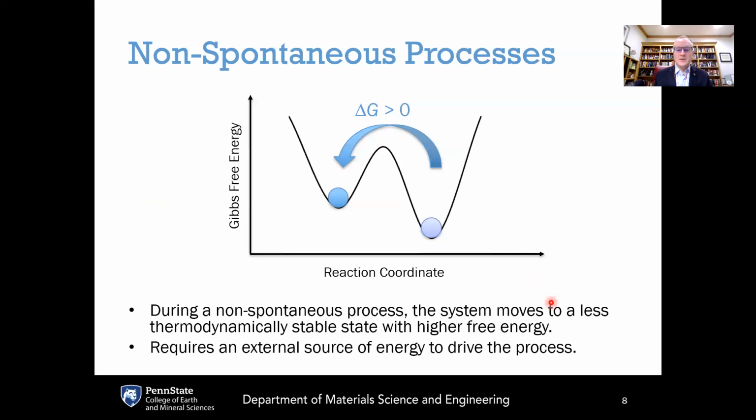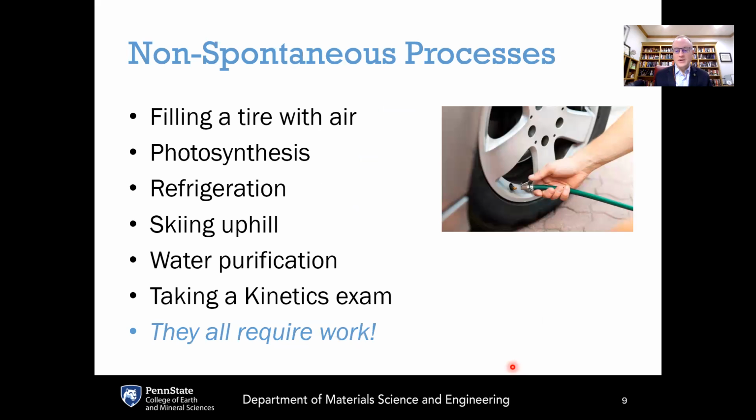So during a non-spontaneous process, the system moves to a less thermodynamically stable state. In other words, it has a higher free energy. This requires some external source of energy to drive this process, because this is not something that would occur on its own. In our everyday lives, there are many examples of these.